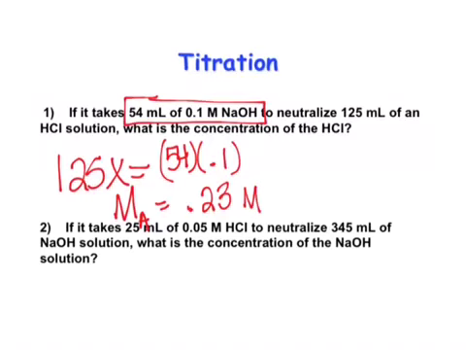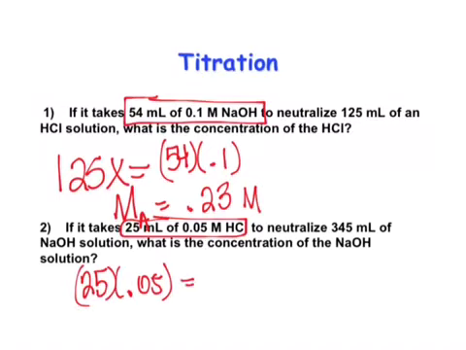Okay. If it takes 25 milliliters of a 0.05 molar HCl solution, so 25 times 0.05, and we're going to set that equal to the 345 milliliters of my base. So what is the molarity of my base?